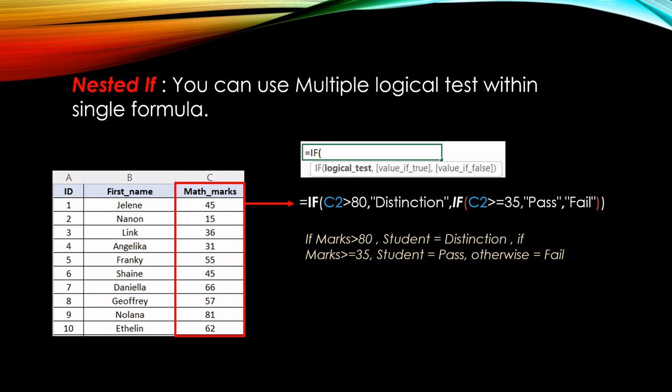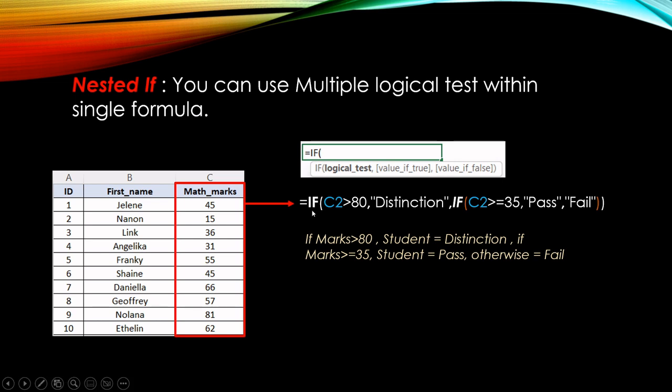What that does is tell Excel to logically work your way from left to right through this formula and continue until you either find a test that evaluates as true or you get to the end where your value is false.